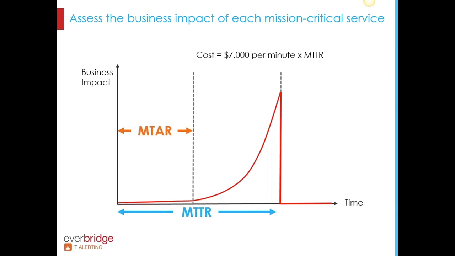That's what we call here the maximum time available for repair, the MTAR, as opposed to the MTTR, which is the end-to-end incident life cycle from detection to resolution. So what you want to do here is be aware of the time that you've got to work on this issue. And that's going to also give you a sense of how fast is fast enough to resolve an issue.